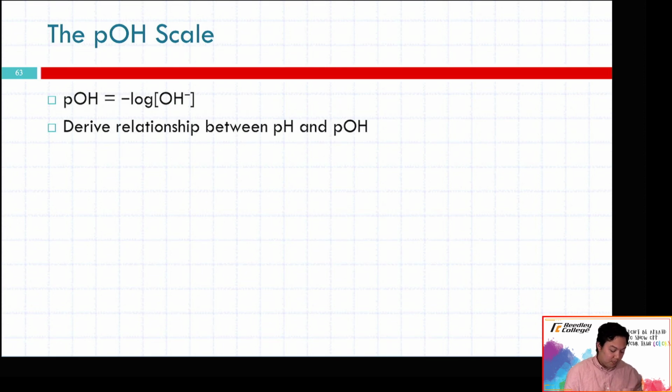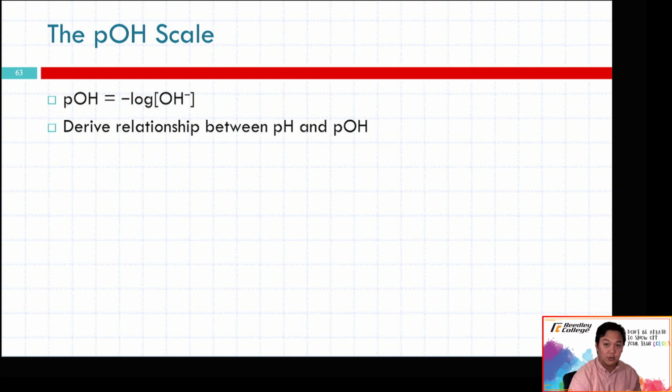Now the relationship between pOH, which is the negative log of the OH concentration, and pH: one of the cool things about logarithms is this.